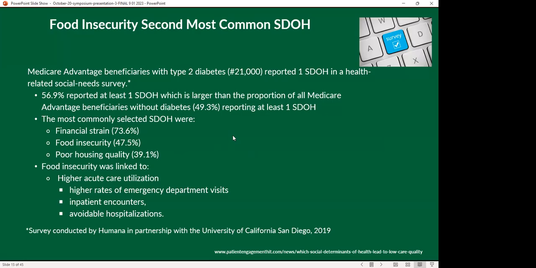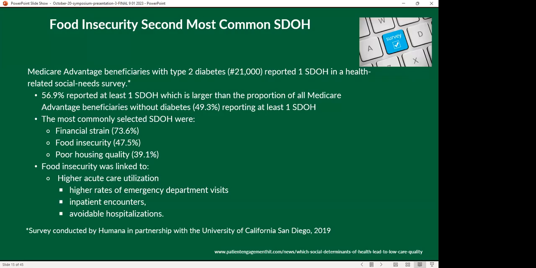This was a survey conducted by Humana in partnership with the University of California, San Diego in 2019. The individuals that were surveyed were Medicare Advantage beneficiaries with type 2 diabetes, and it was 21,000 of them.